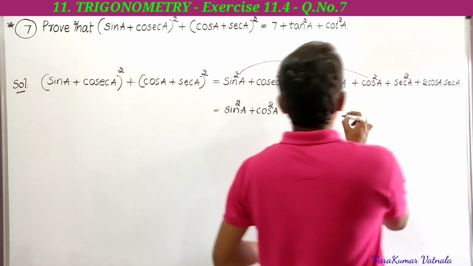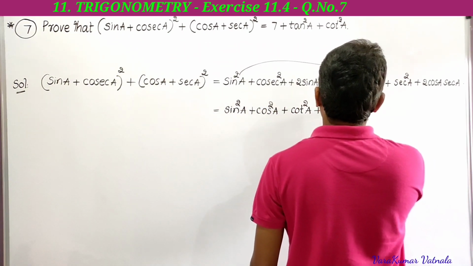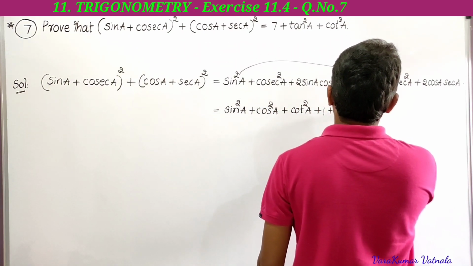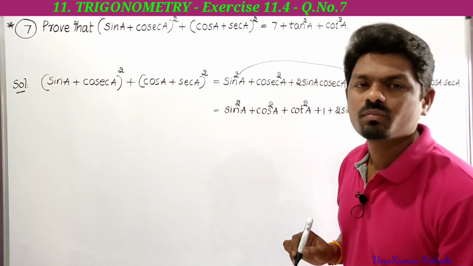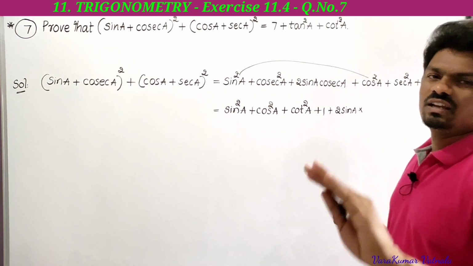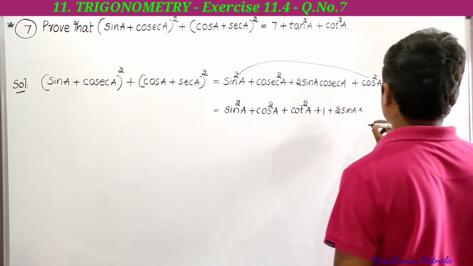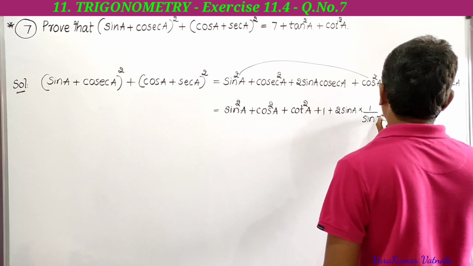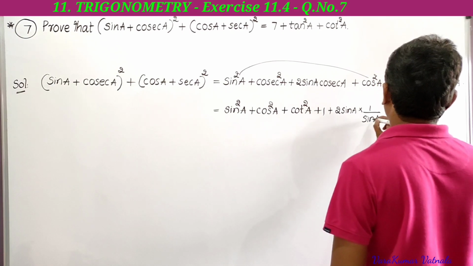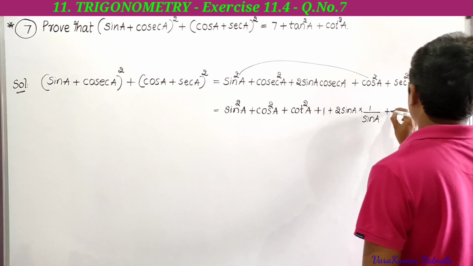So here 2 sin A into cosec A, I am writing 2 sin A into 1 by sin A. Cosec A and sin A are multiplicative inverses, so we can write cosec A as 1 by sin A. So plus what is there here?